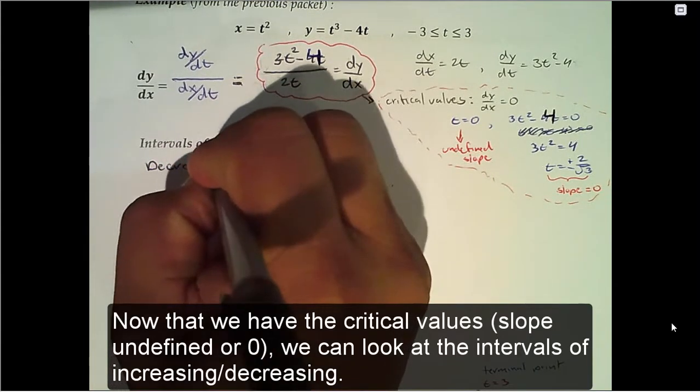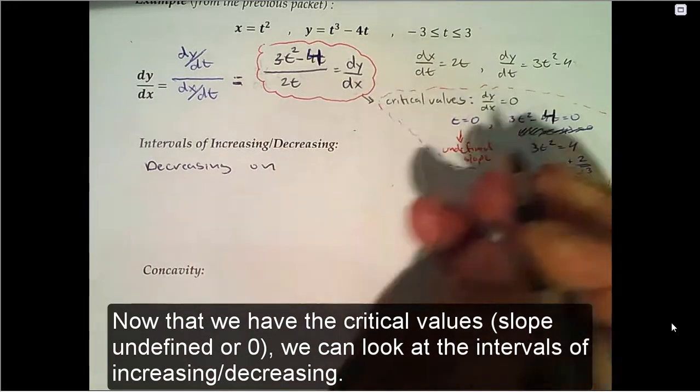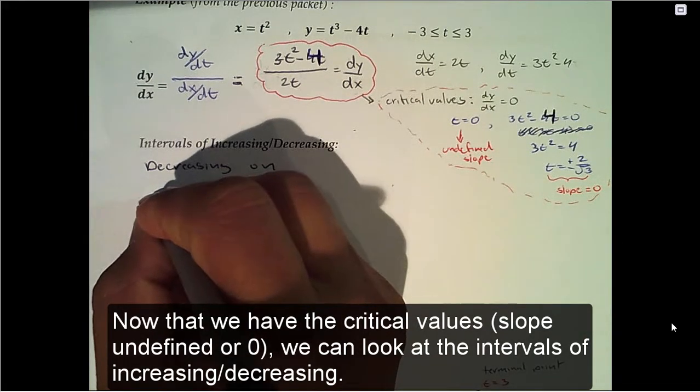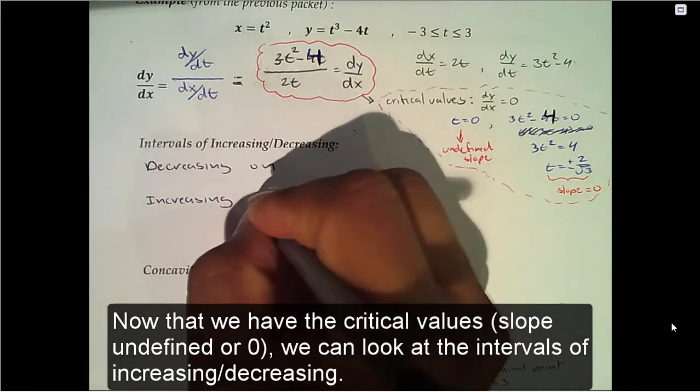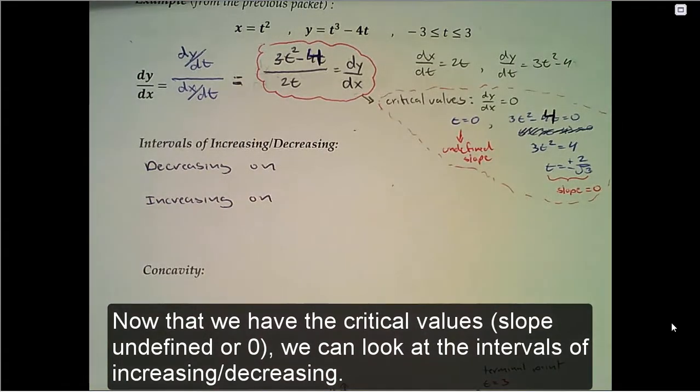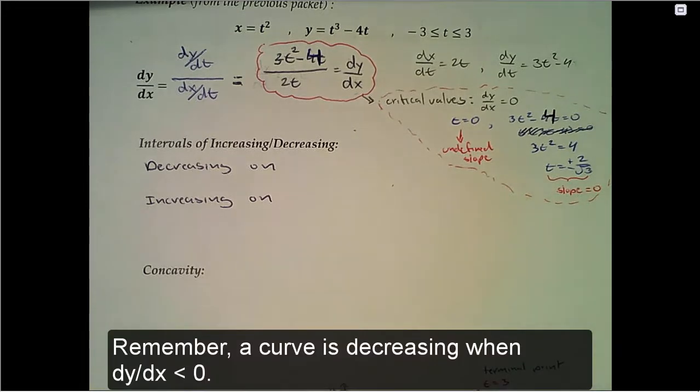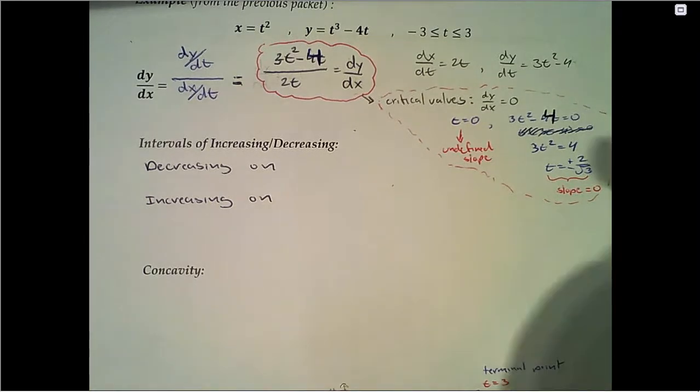Now that we have the critical values, slope undefined or 0, we can look at the intervals of increasing and decreasing. Remember, a curve is decreasing when dy/dx is less than 0.